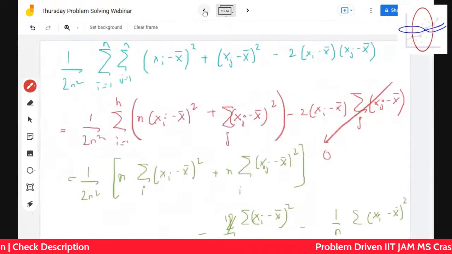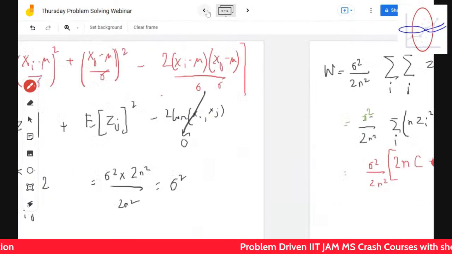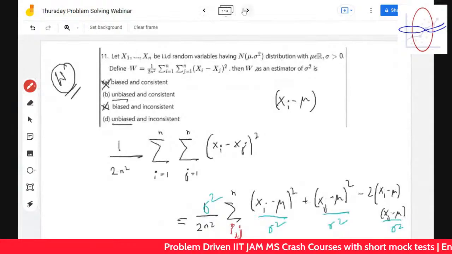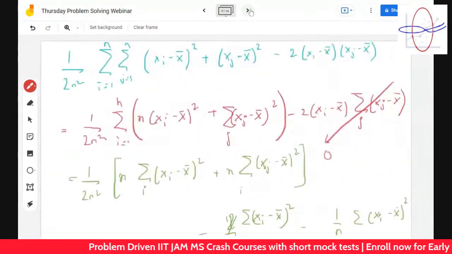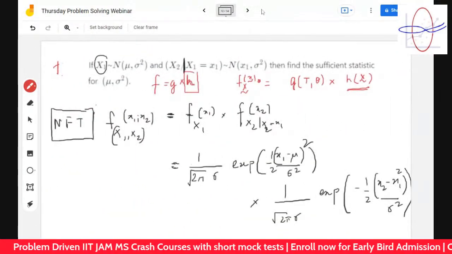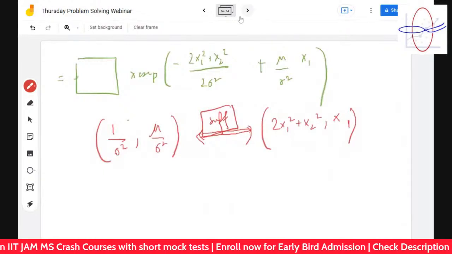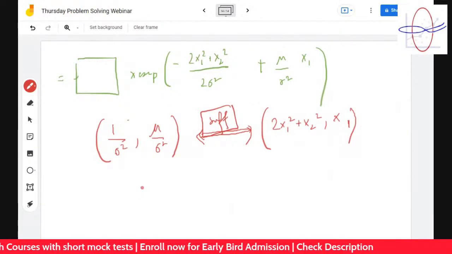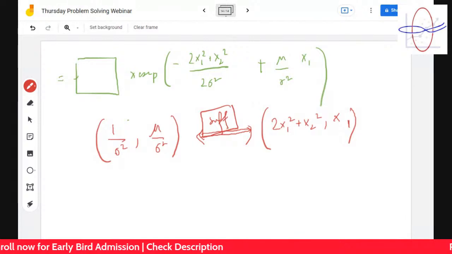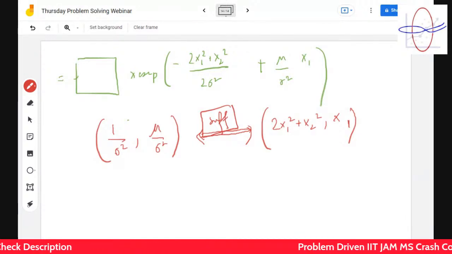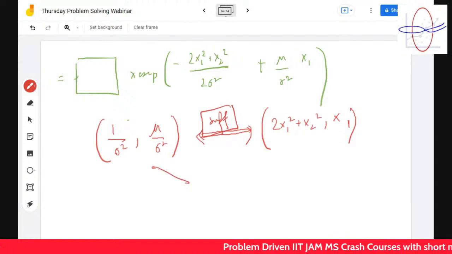So let's see. What was the question? Yes. So now, if you remember, in that case it was x1 square plus x2 square, and there it was x1 plus x2. So what is the sufficient statistics over here?